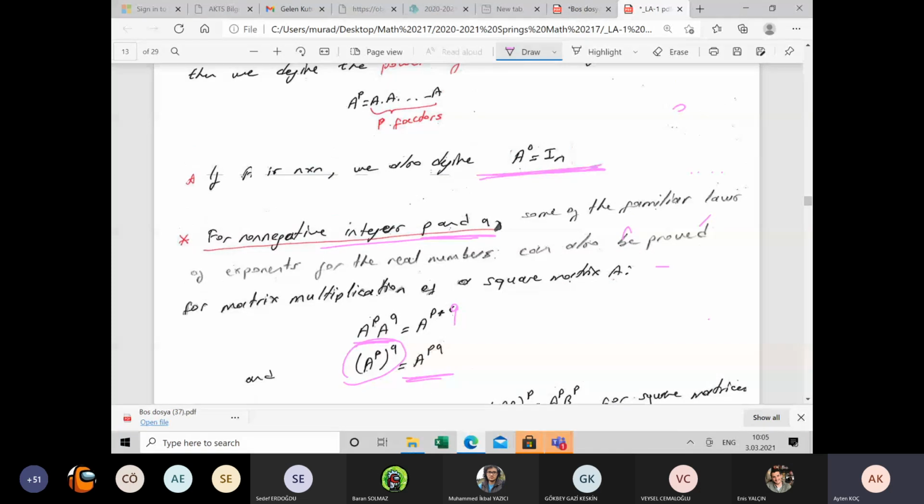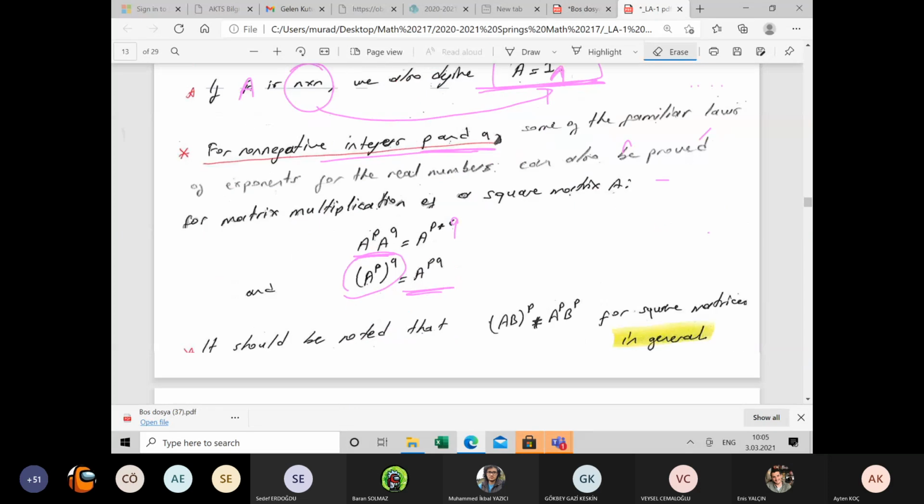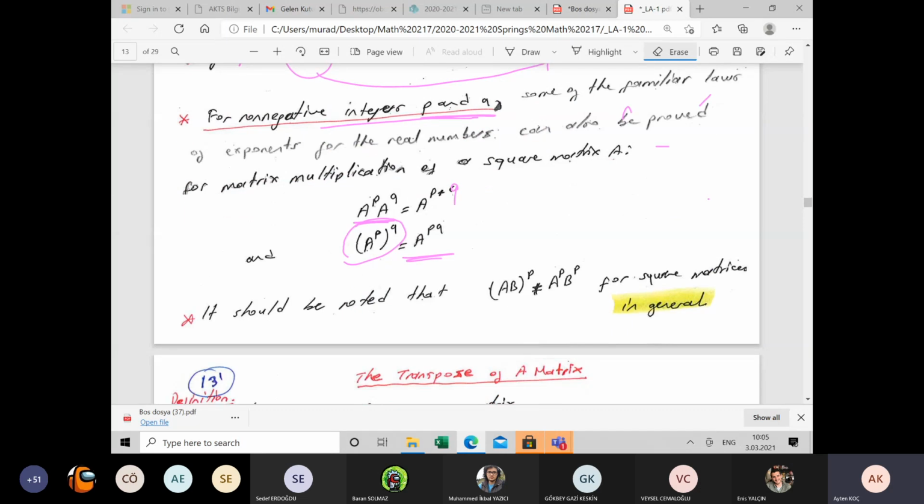What is A to the 0? If A is a square matrix, A to the 0 is the identity matrix. If A is n by n, this one is the identity matrix of order n.